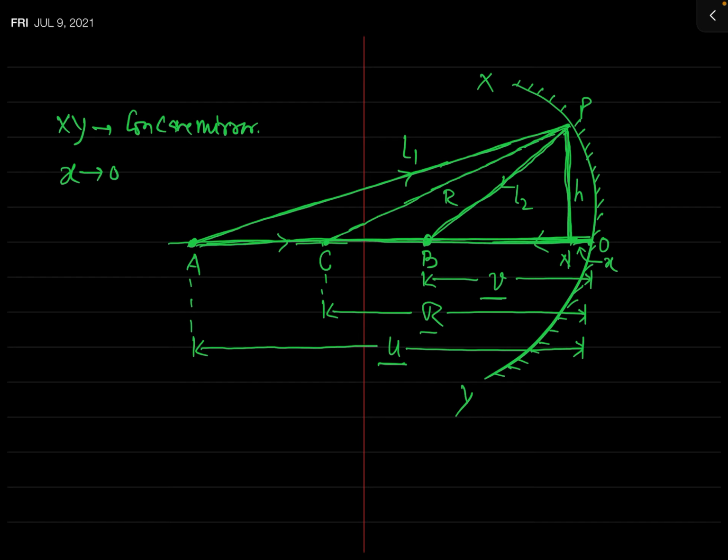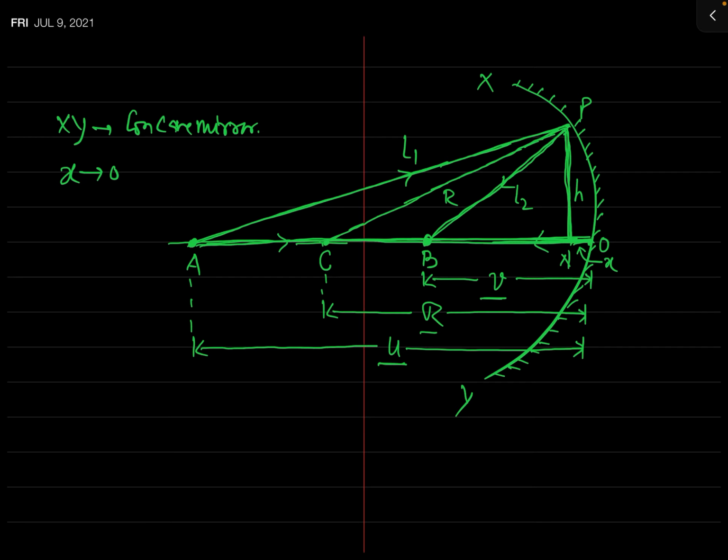Now see this figure. Since the light ray starts from point A and finally reaches point B, what is actually the optical path? Because you know, whenever we talk about Fermat's principle, we have to calculate either the time taken by light from its initial position to final, or the optical path connecting the initial and final position. So see this figure.